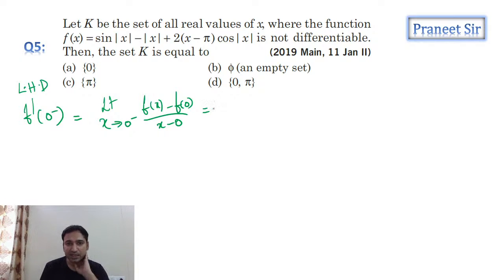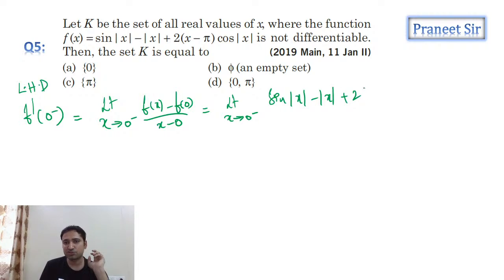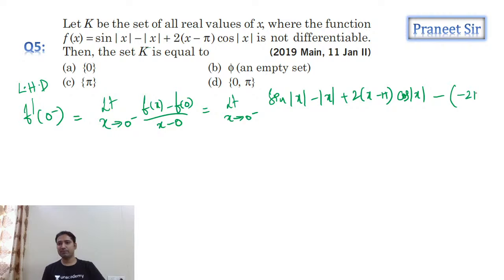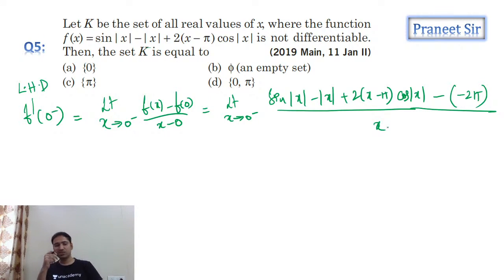Limit x tending to 0 minus, f of x is sine of mod x minus mod x plus 2 times x minus pi into cos of mod x, minus f of 0. Guys, f of 0, how much do we get? Sine 0 is 0 minus 0, so minus 2 pi, by x minus 0, that is x. So this value we should calculate.